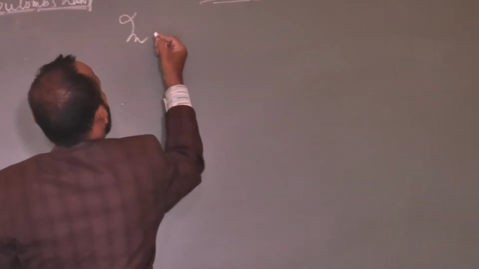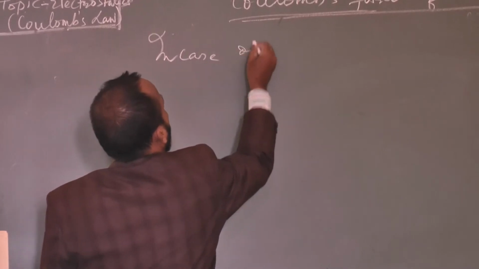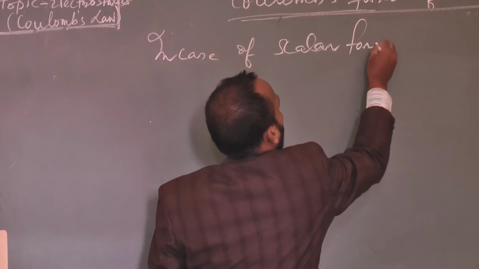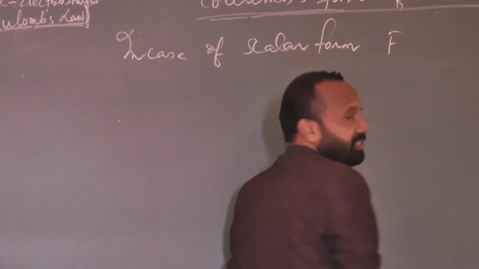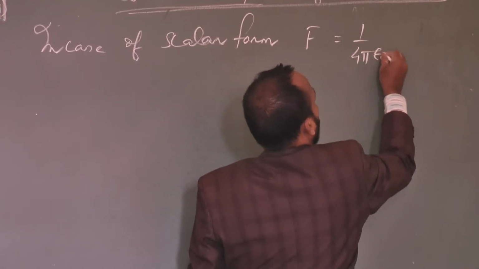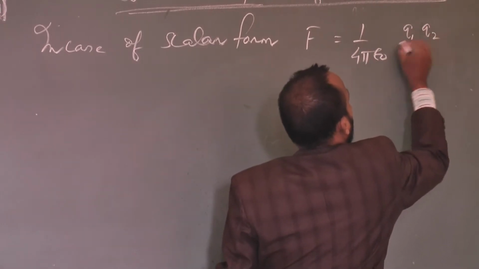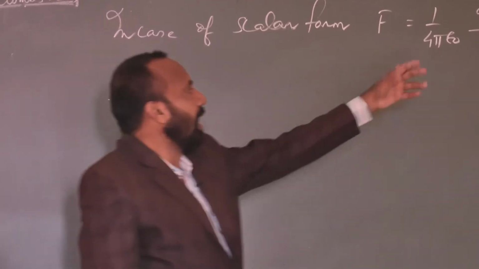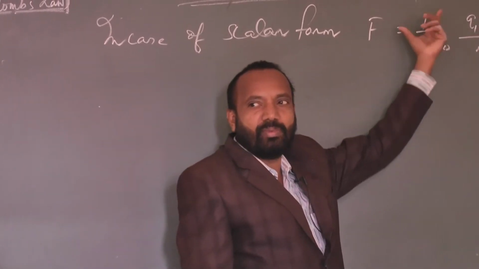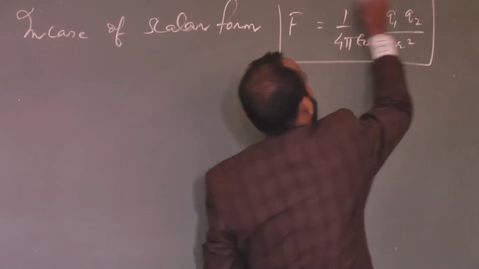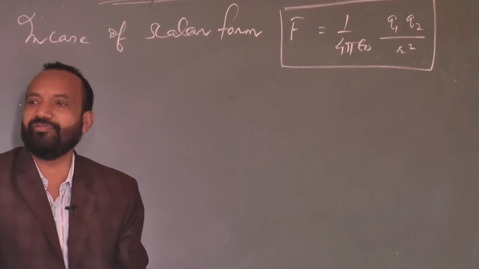You see, in scalar form, once again I am repeating, the Coulomb force F equals 1 by 4 pi epsilon naught q1 q2 divided by r square. I am talking about the free space case. Here in place of k I am using 1 by 4 pi epsilon naught, meaning the force of interaction takes place between the two charged particles in free space.